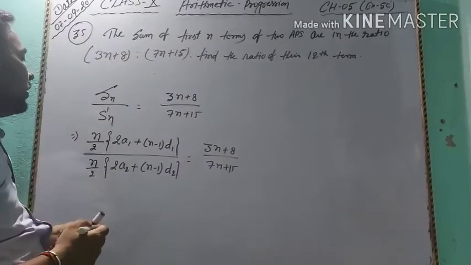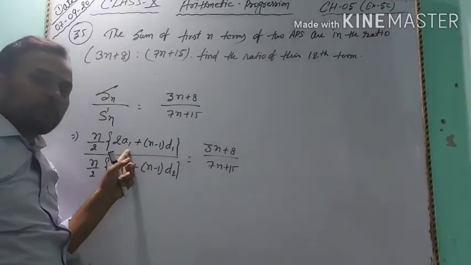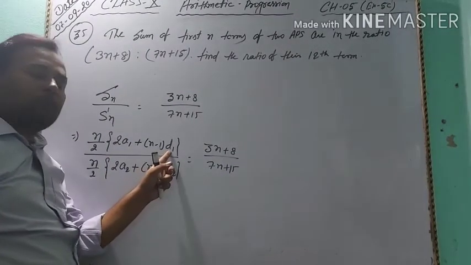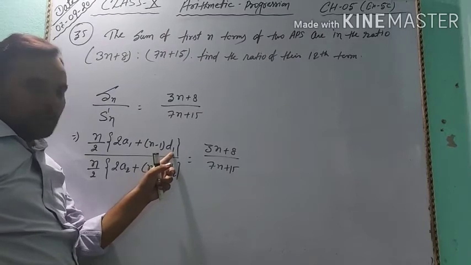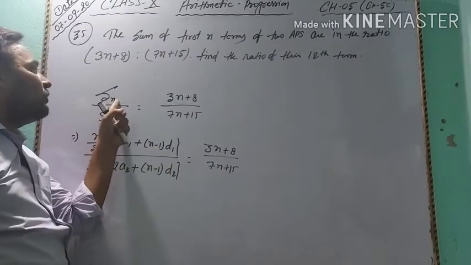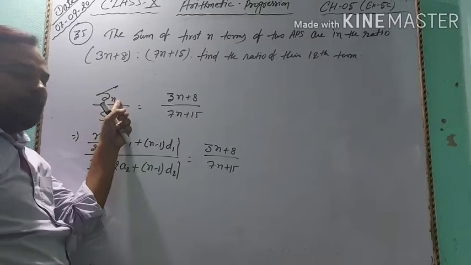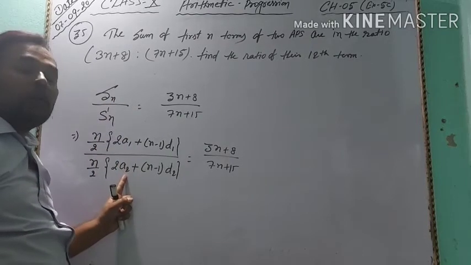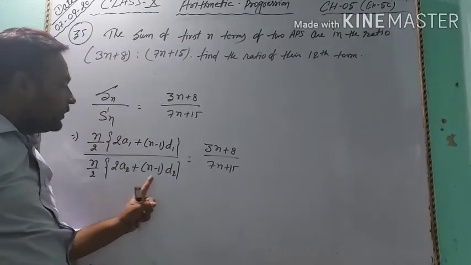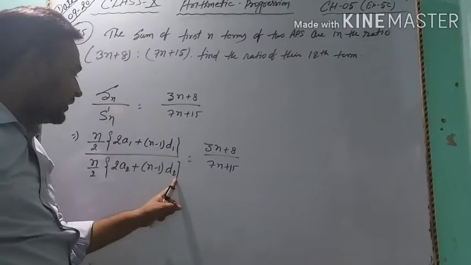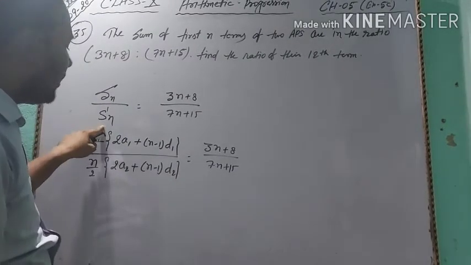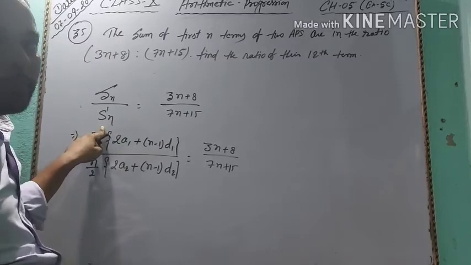Students, a1 is the first term of the first AP, d1 is the common difference of the first AP, and Sn is the sum of n terms of the first AP. a2 is the first term of the second AP, d2 is the common difference of the second AP, and S dash n is the sum of n terms of the second AP.